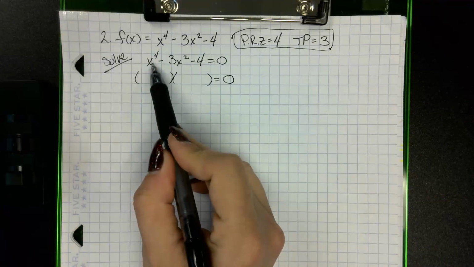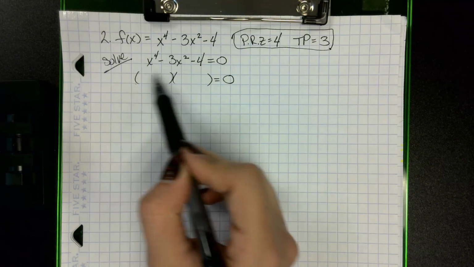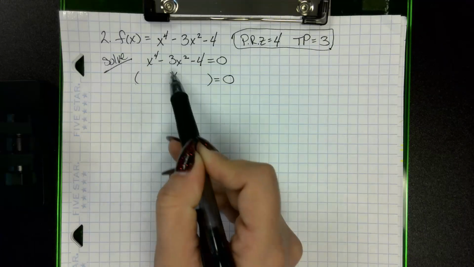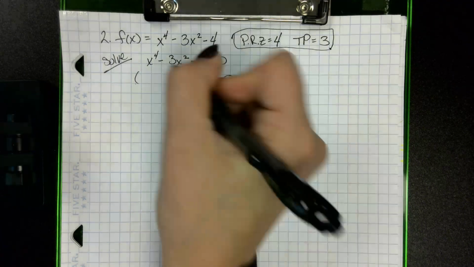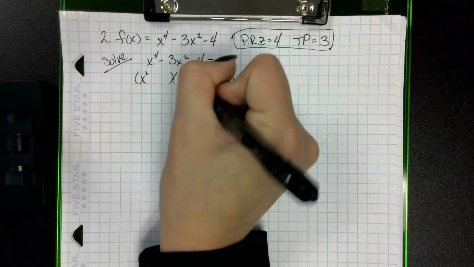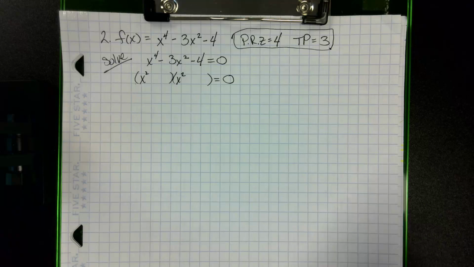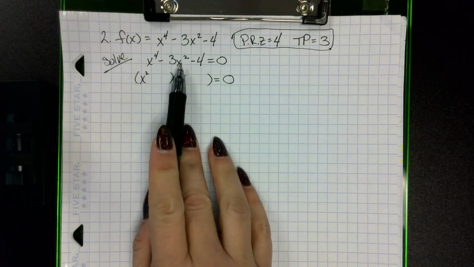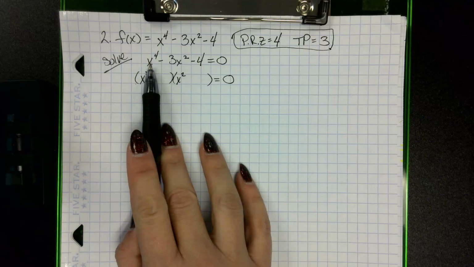And then I took my lead x, normally x squared, and I split up x times x gives me x squared. Well, since this is an even number, I could split this up also. So I could split this up as x squared times x squared, and that gives me x to the 4th. And as long as the middle degree is half of the first degree, you can do that.